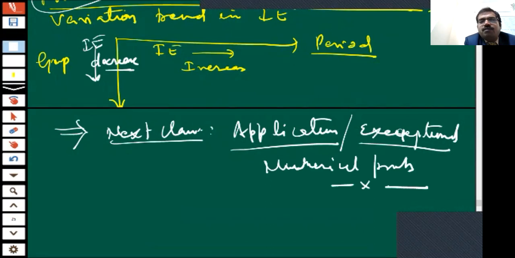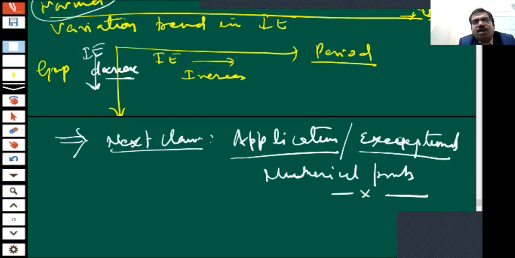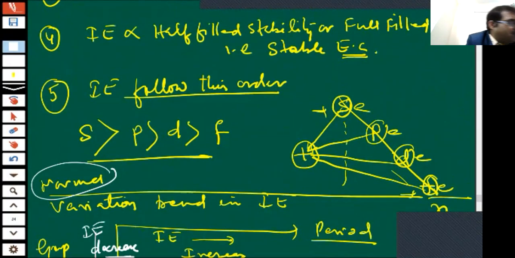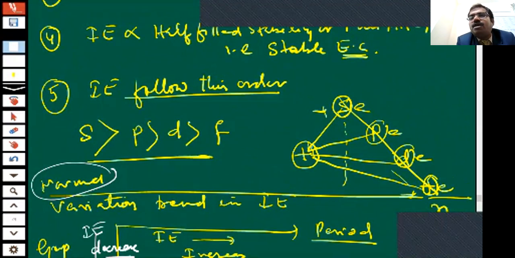Then our topic, ionization energy, will be completed. Did you understand, children? Yes, sir. So today, this is the high time. Okay, I will complete it in the particular time and everything in a balanced way.